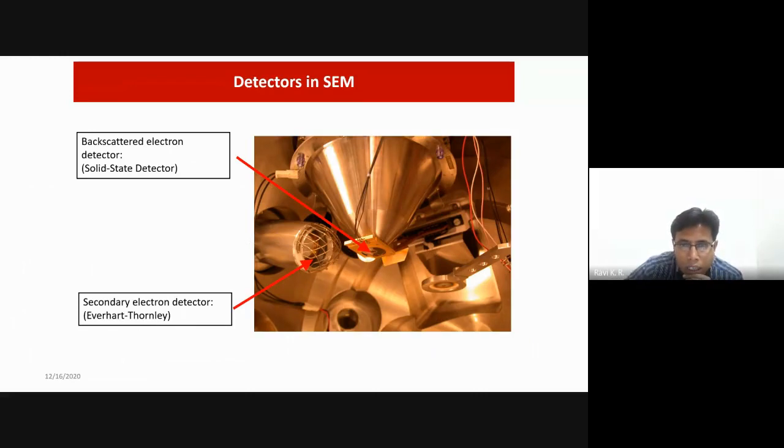This is your secondary electron detector. This is the backscatter electron detector. So this is your secondary electron detector. First thing, let's say this is your beam. This could be the place where you keep your sample.